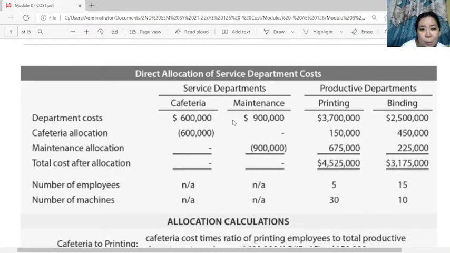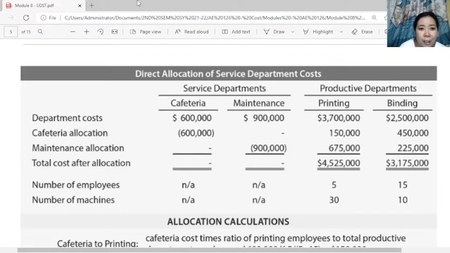These will be allocated to our productive departments, printing and binding, respectively. So how do we allocate the 600,000 department cost from cafeteria and the 900,000 cost of maintenance?